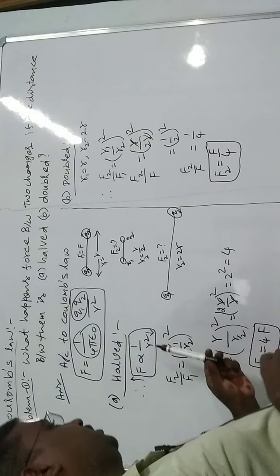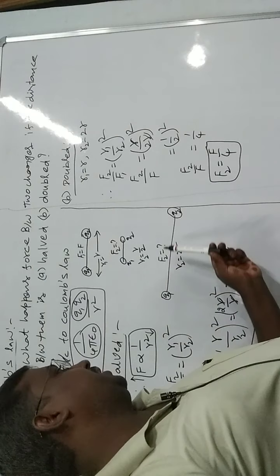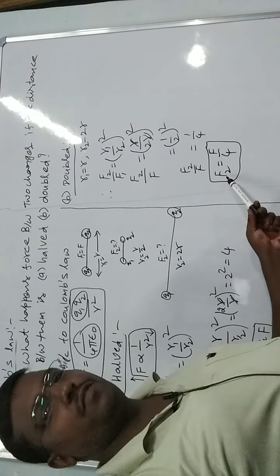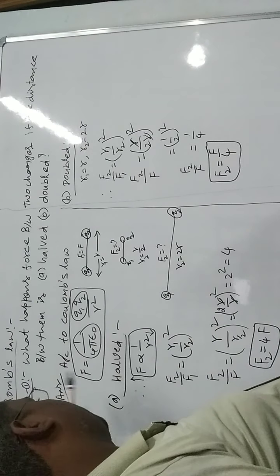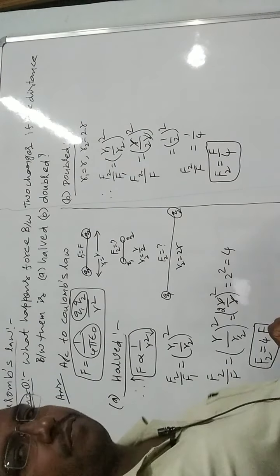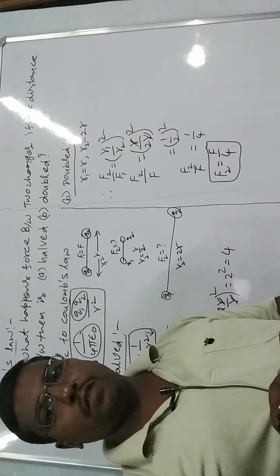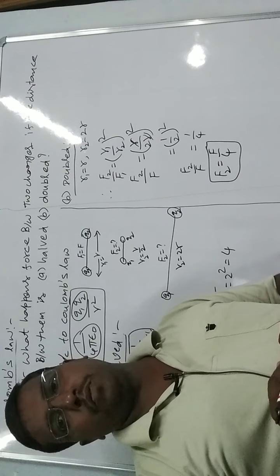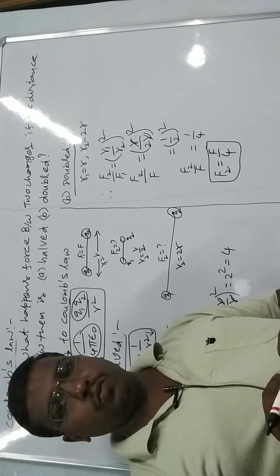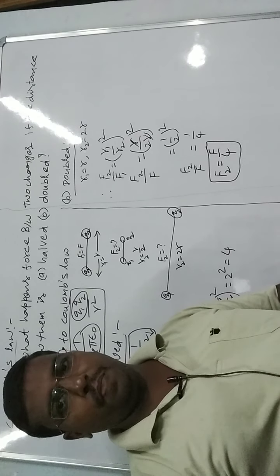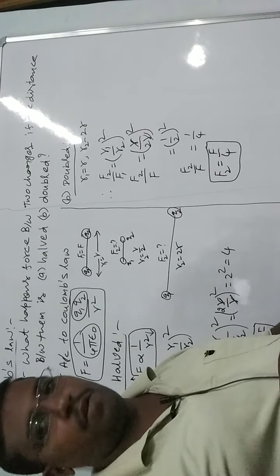So here also, the distance is increased, then the force decreases. So the force is always inversely proportional to the square of the distance between these two charges. Okay? And we will discuss the next problem.